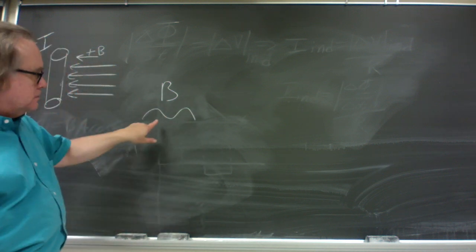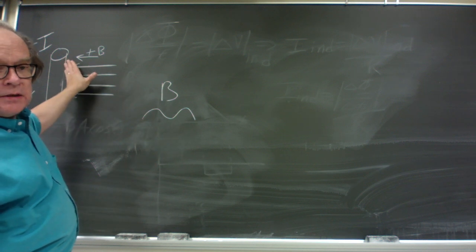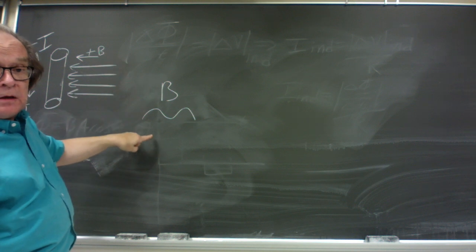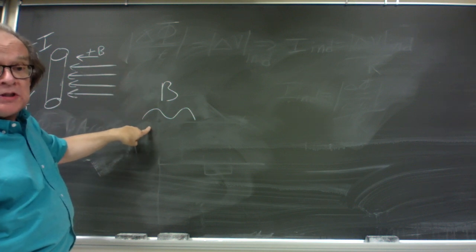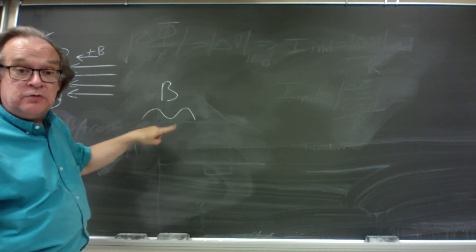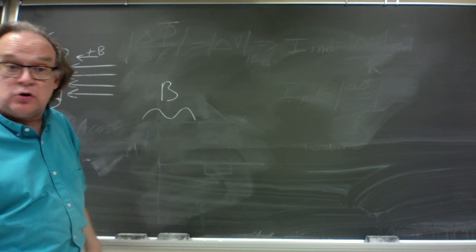Well, in this case, the area stays the same and cosine of the angle stays the same. So the flux is always going to be proportional to the magnetic field. So if magnetic field is oscillating like a sine or cosine, then flux must be oscillating like a sine or cosine.